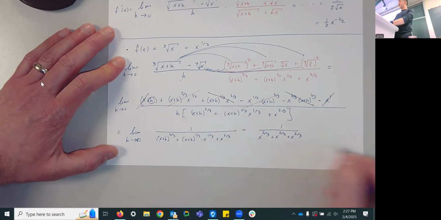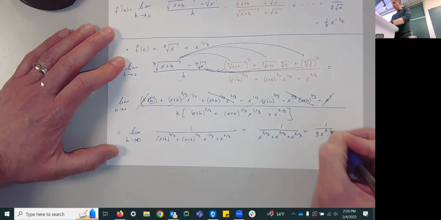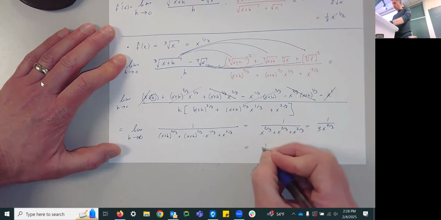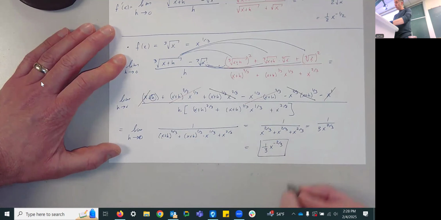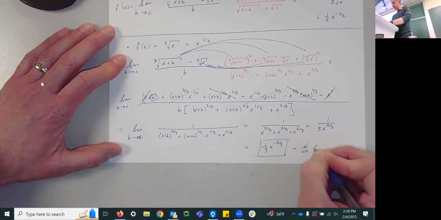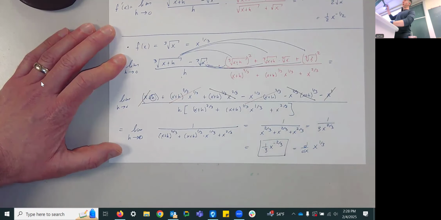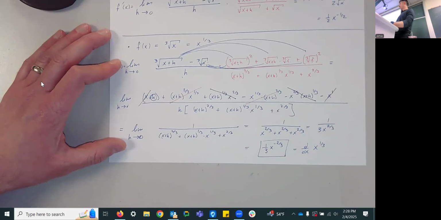If you add something to itself 3 times, you just are multiplying that thing by 3. So you have 1 over 3 times x to the 2/3, or preferably 1/3 times x to the negative 2/3, which is the derivative of x to the 1/3 power. The power came down in front. The new power is 1/3 minus 1, which is negative 2/3.